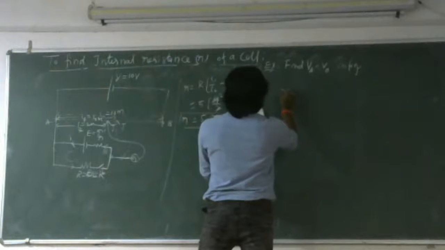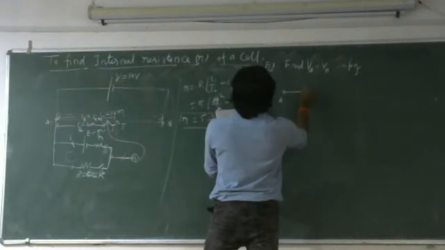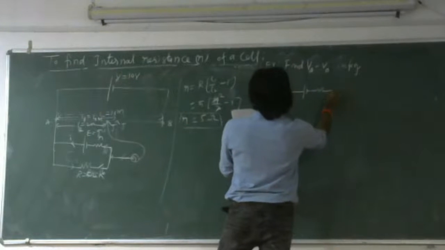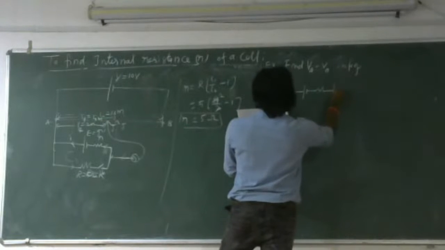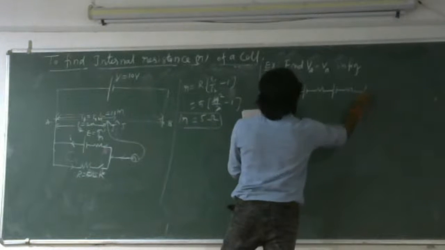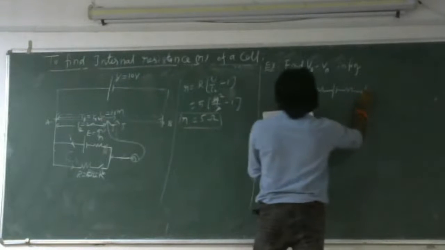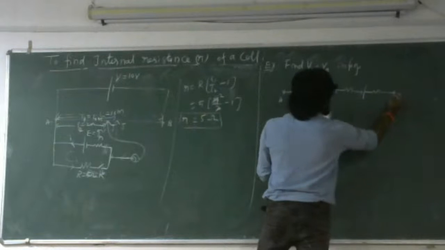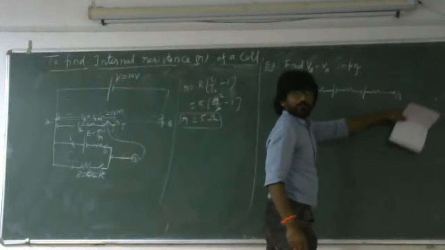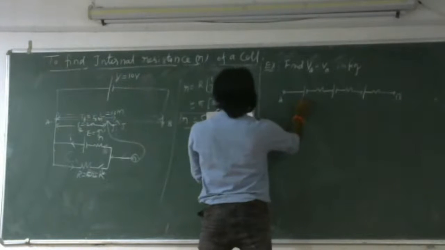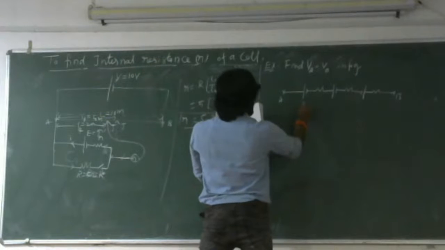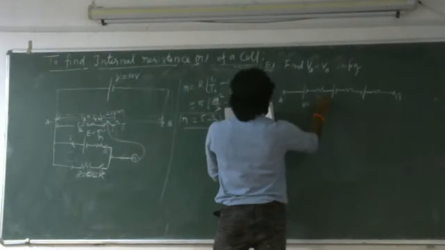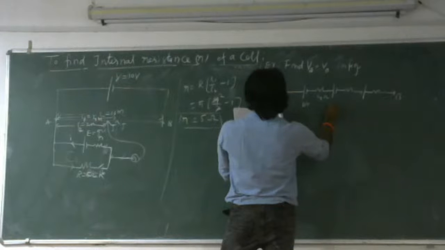So here we have A. To this, a battery is connected, and it is connected to a resistor. Another battery, another resistor, another battery in reverse polarity, one more resistor. This is B. The values of these potentials and resistors are: this is 10 volts, this is 4 ohm, and this is 2 volts.